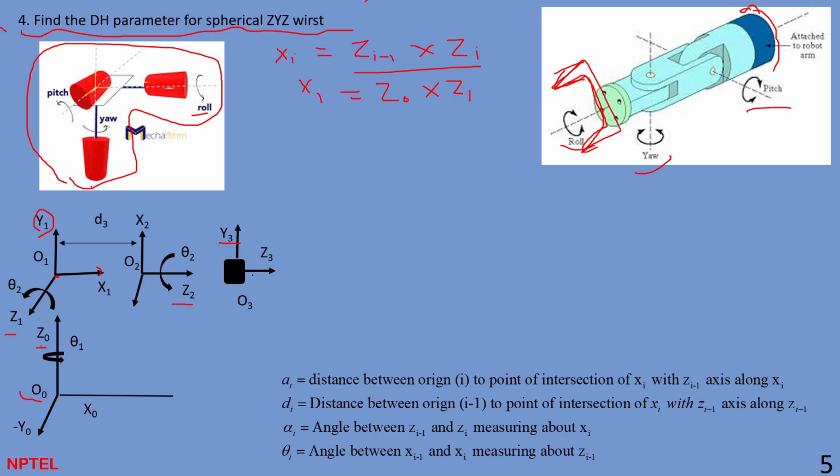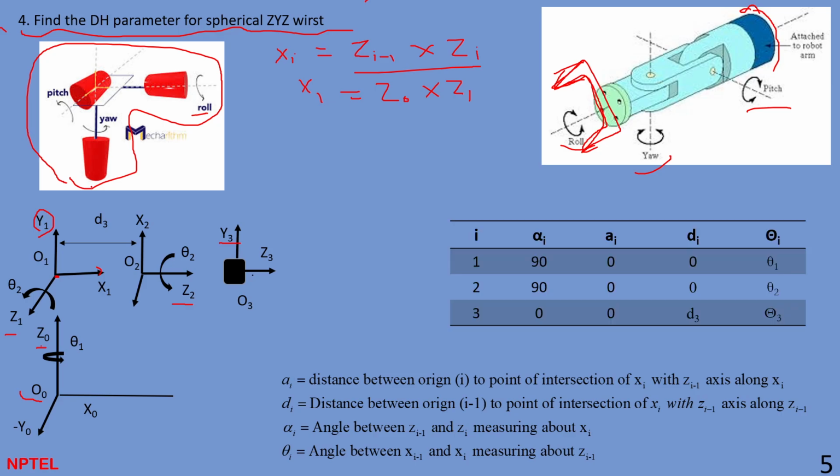So now let's start filling the DH parameters, which are alpha, a, d, theta. Theta you already know, because this is a spherical joint. It has all three rotations and three joints, so you can easily fill theta1, theta2, theta3.